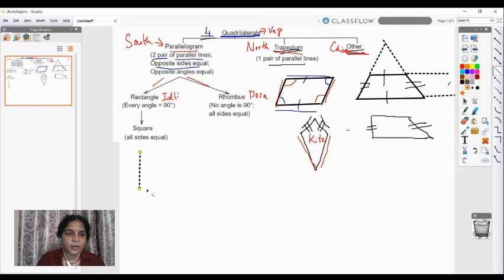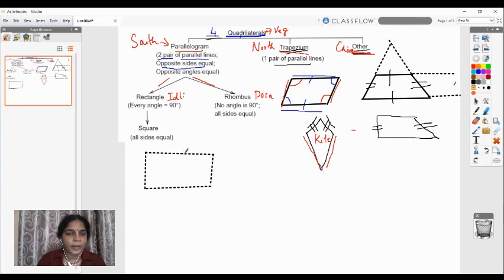It has all the properties of a parallelogram, meaning it has two pairs of parallel lines. That means the top line is parallel to the bottom line, the left line is parallel to the right line.